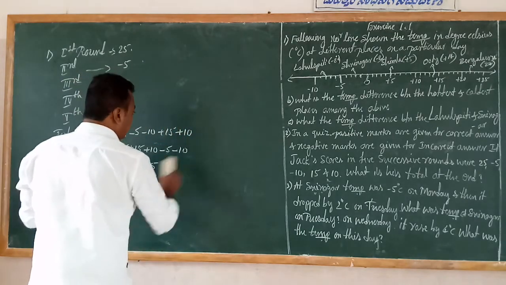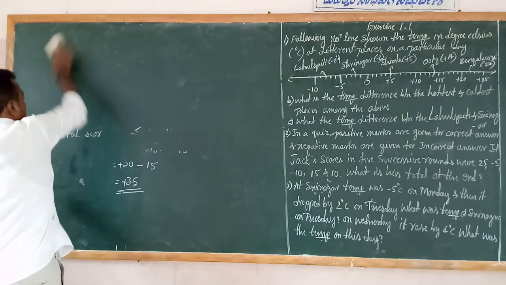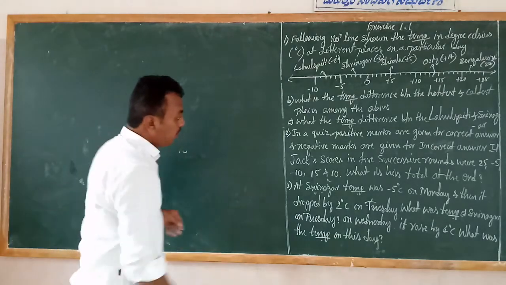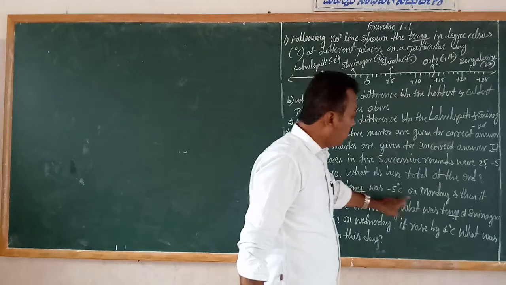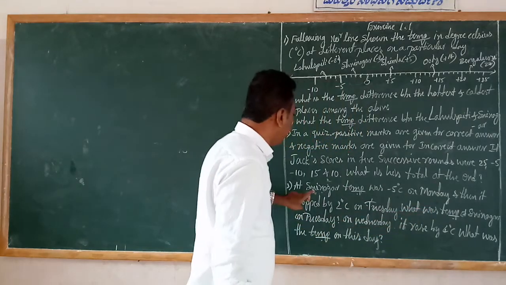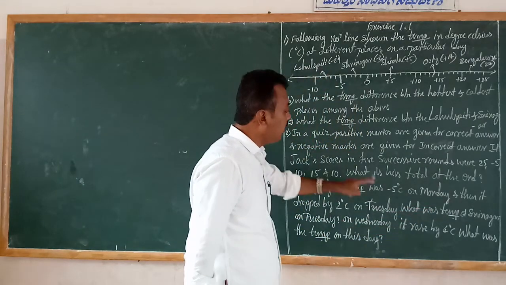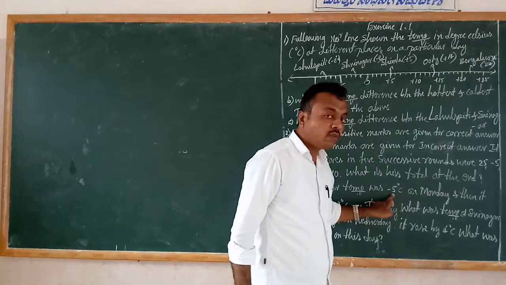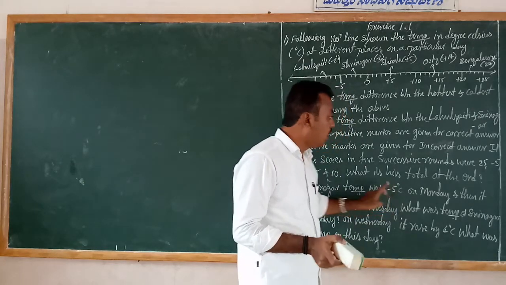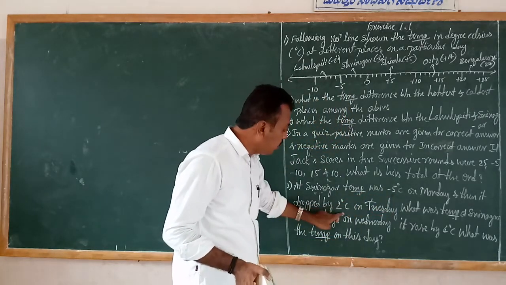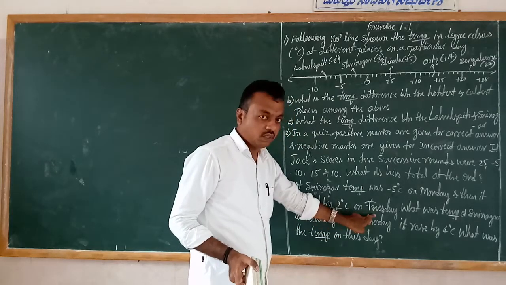At Srinagar, the temperature was minus 5 degrees Celsius on Monday. See, in Srinagar on Monday, minus 5 degrees Celsius is the temperature. And then it dropped by 2 degrees Celsius on Tuesday.